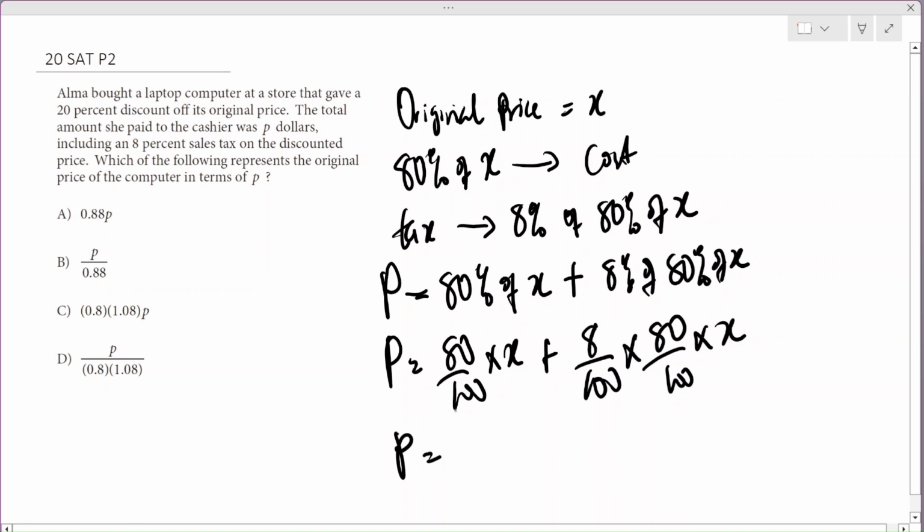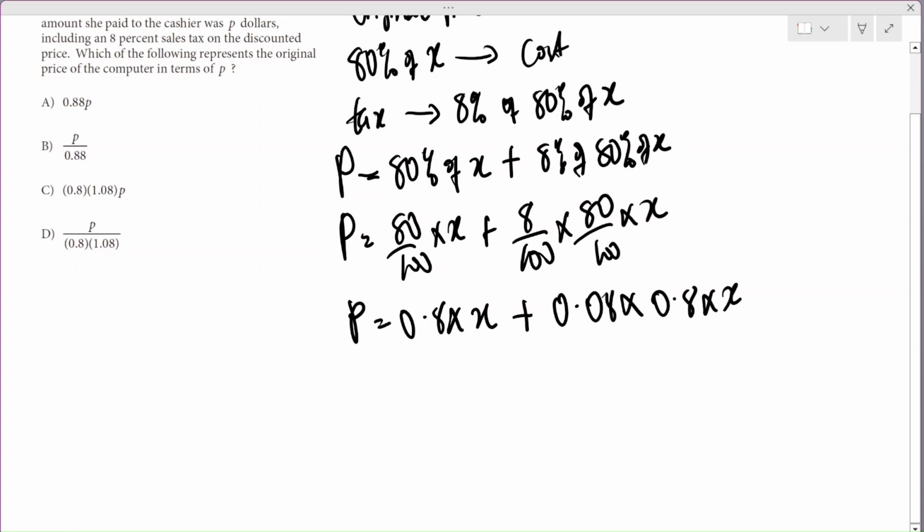P equals, with your calculator, 80 over 100 is 0.8 times X, plus 8 over 100 is 0.08 times 80 over 100 is 0.8, then you have your times X. We can have this as P equals 0.8x plus 0.08 times 0.8x.